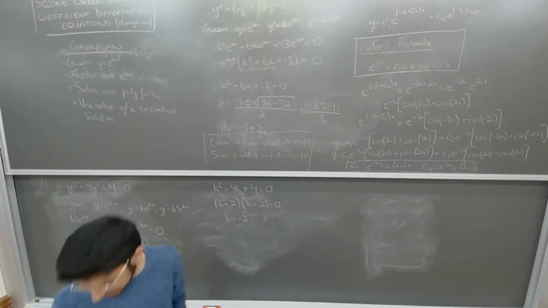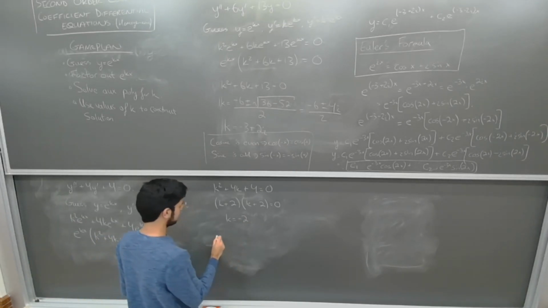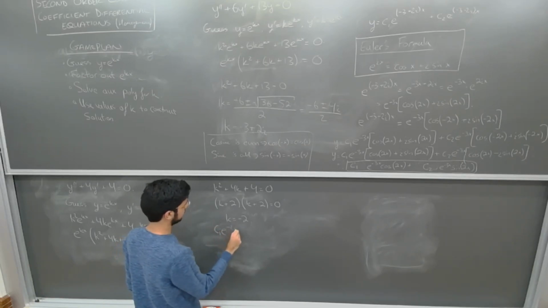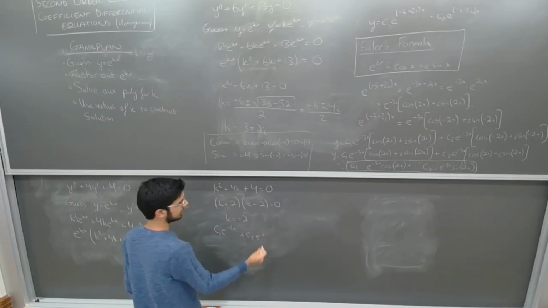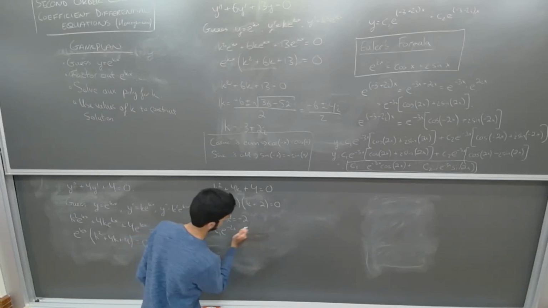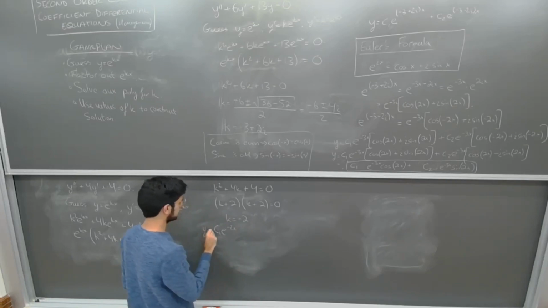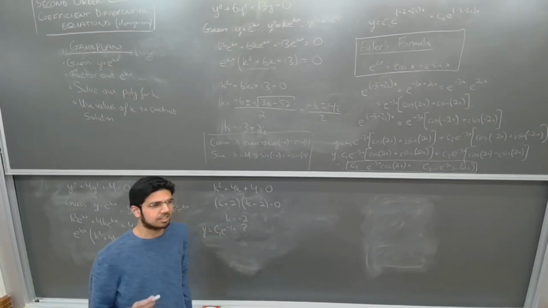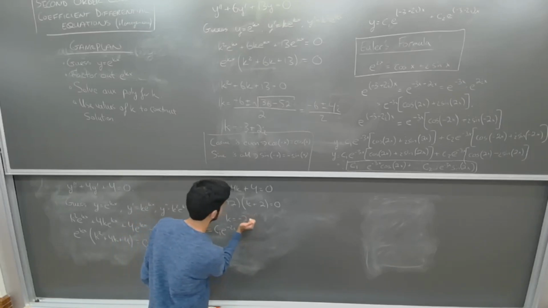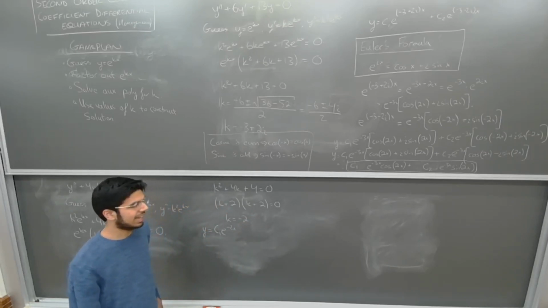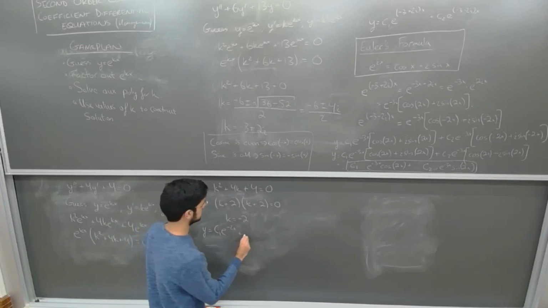That's our only root. So does this mean that our solution, like normally we would write c1 e to the negative 2x plus c2 e to like some other value of kx, but since we don't have another one, is this our solution? Not quite. When we have a root of multiplicity 2, we still add in another term.